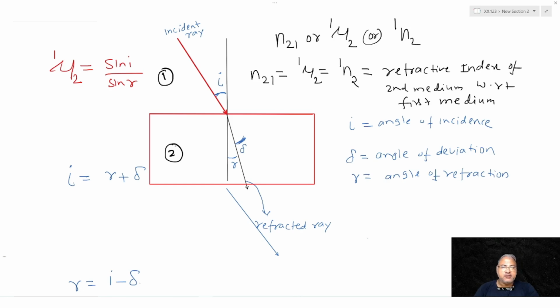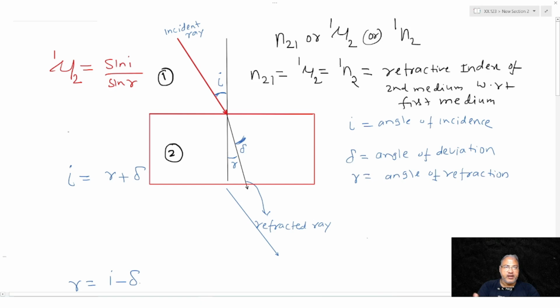What is not changing? The frequency of light is not changing. Three things are changing: the direction, the velocity or speed of the light, and the wavelength of light.